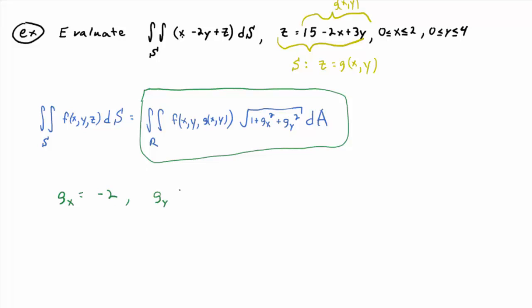G sub y is 3. And then what would be the area element? The square root of 1 plus g sub x squared, which is 4, plus g sub y squared, 9, and ultimately that'll be root 14, won't it?